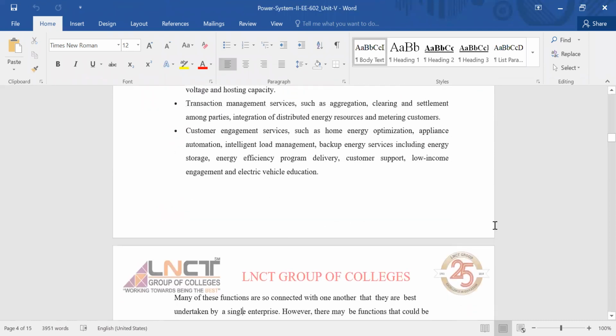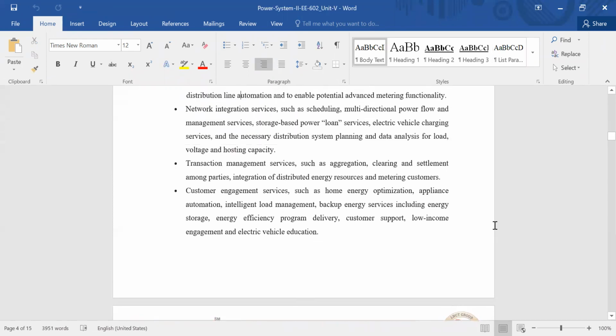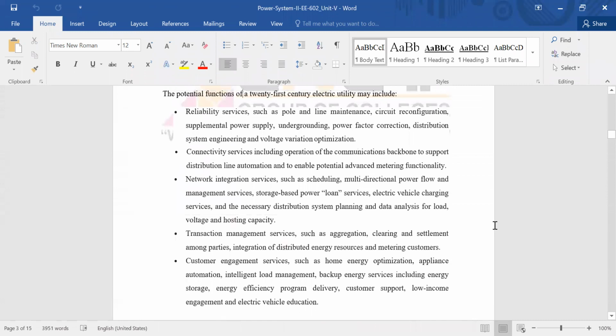And we are taking them one by one. Reliability services include line maintenance, circuit configuration, supplemental power supply, undergrounding, power factor correction in the distribution system, and voltage variation.